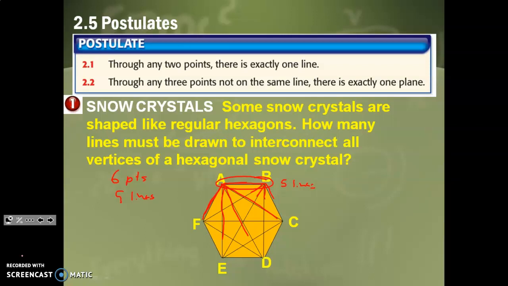So we can't say A has 5 lines and B has 5 lines, because then we have 30 lines, but we're counting each line twice. So if we think of 6 times 5, and we get 30, but now because we're counting each line twice, we want to divide that by 2. So our answer to this is going to be 15.